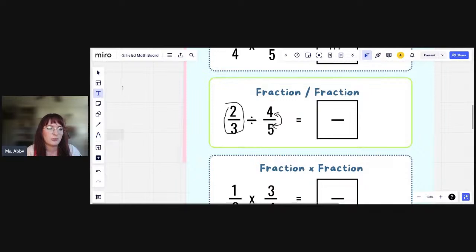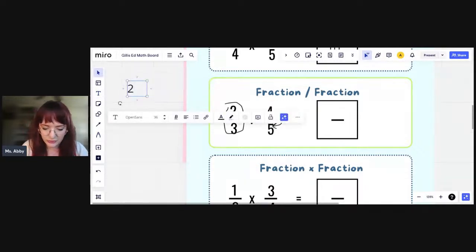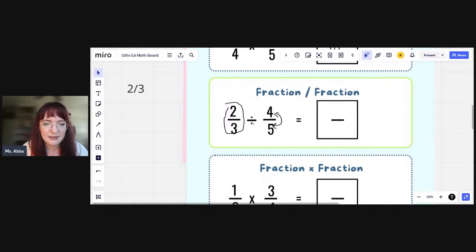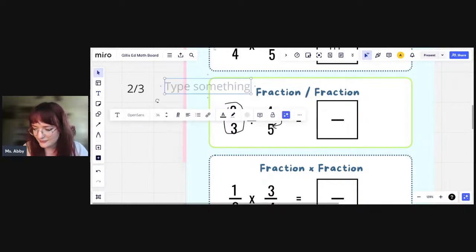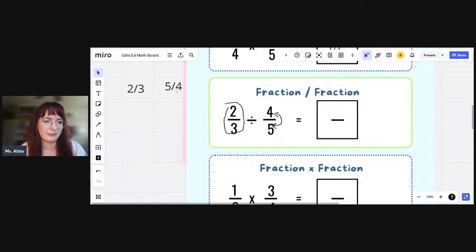So your new problem becomes 2/3, not 2/5, 2/3 and 5/4. And instead of having the division symbol right here, you're actually going to change that into a multiplication symbol.